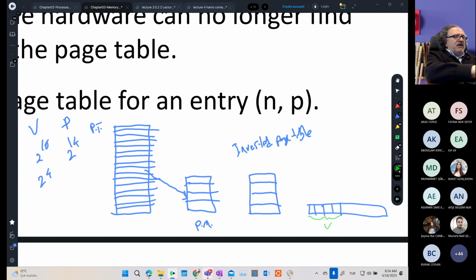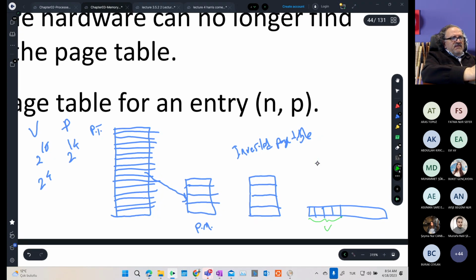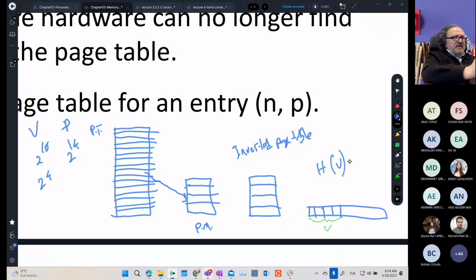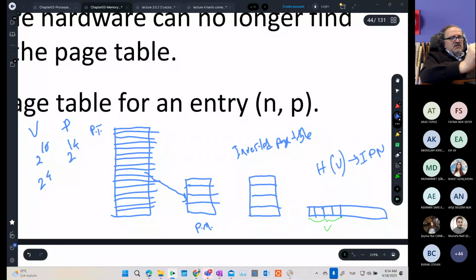I need 16 elements, but I don't have 16 elements. So I take this V number from here, and I use a hashing function to map it to just 4 numbers. So this gives the inverted page number.